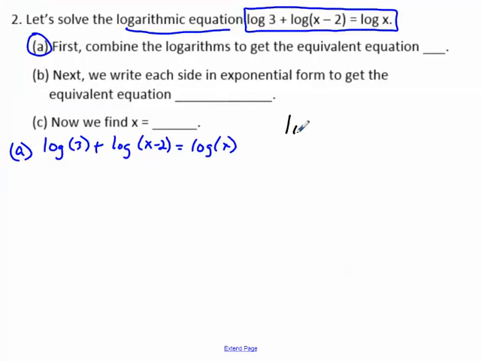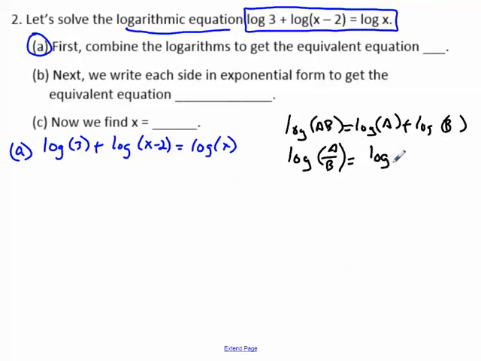We're going to go back a little bit: log of AB equals log of A plus log of B. And the other rule we're going to use here is log of A over B equals log of A minus log of B.